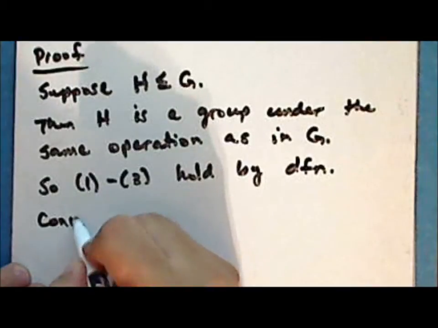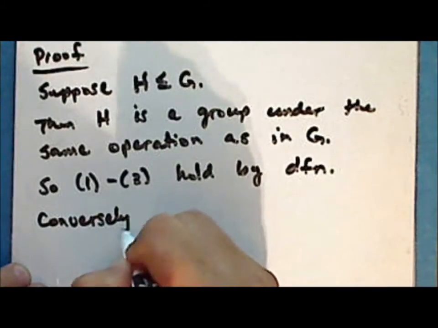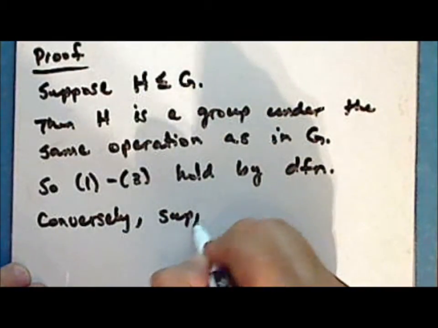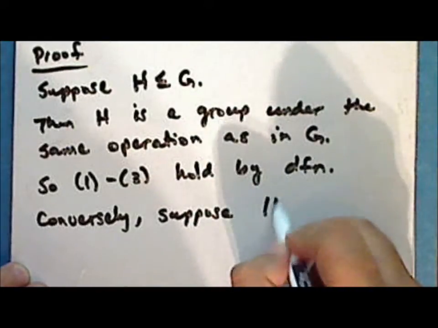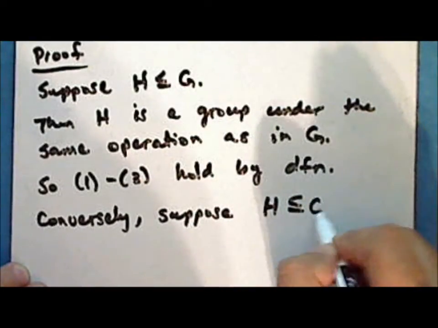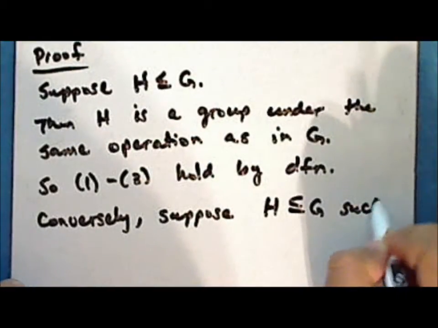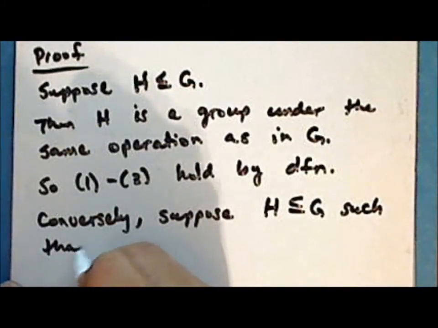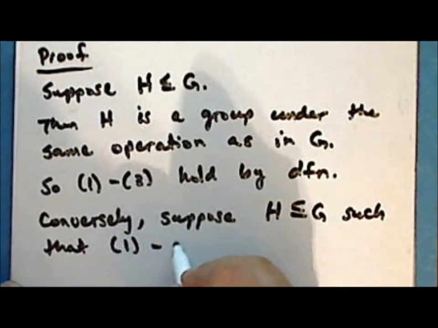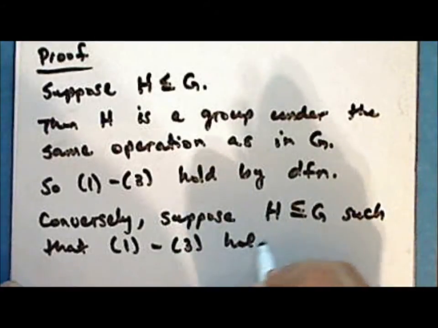Conversely, suppose that H is a subset of G such that conditions 1 through 3 hold.